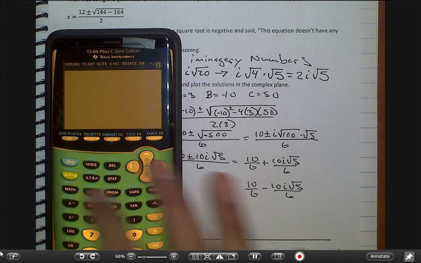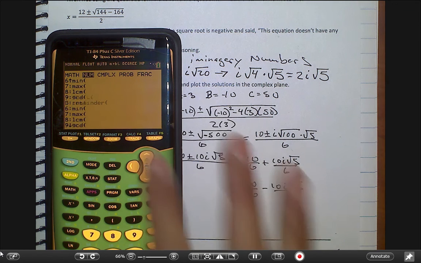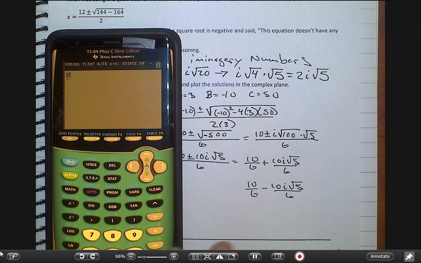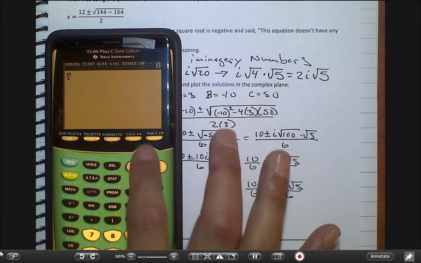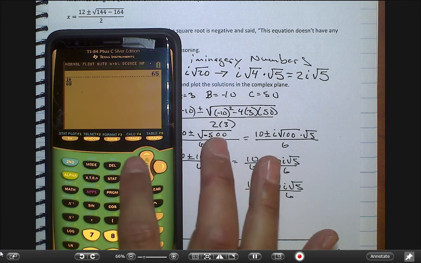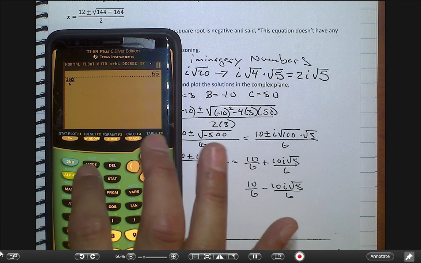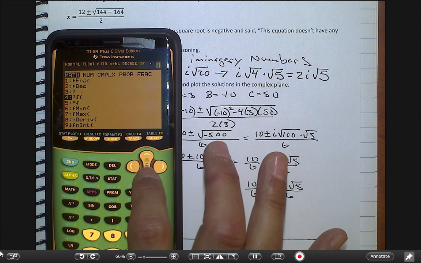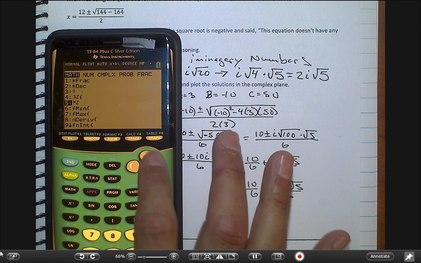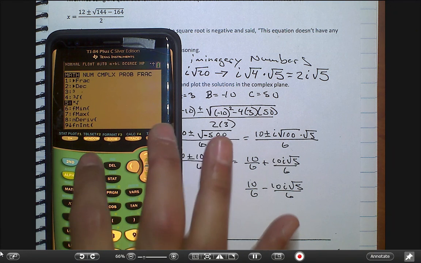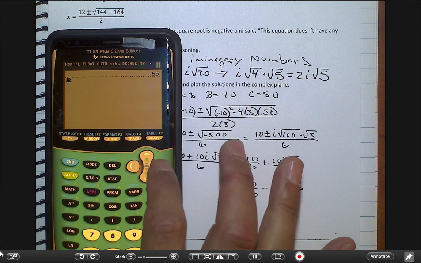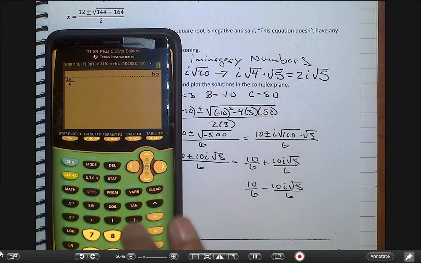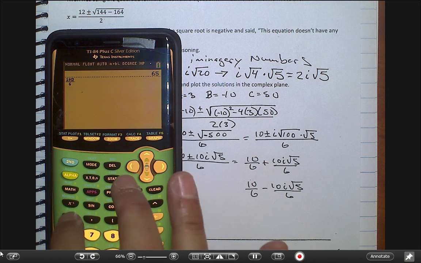So for you people still struggling with this, it was 10 over, and then the square root of 5. I couldn't bring up my regular calculator. Dang it. There it is.